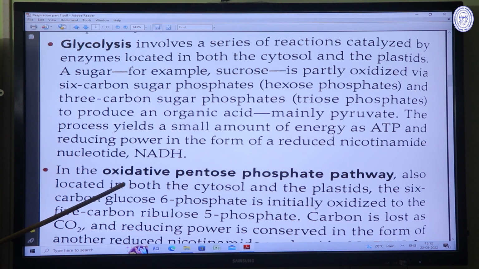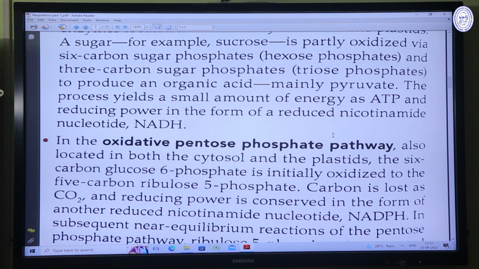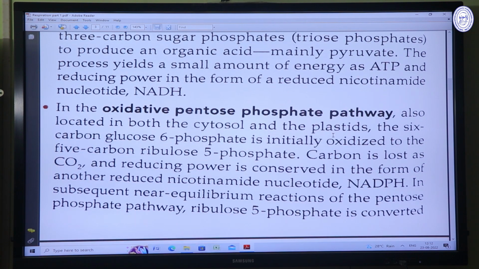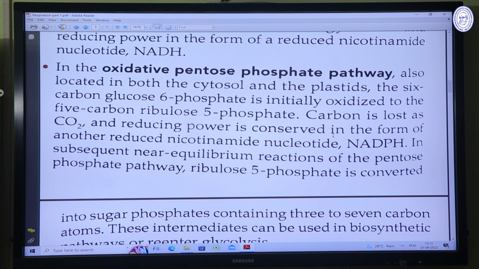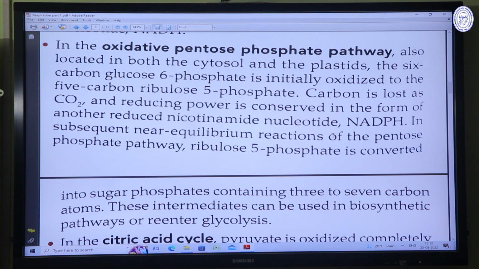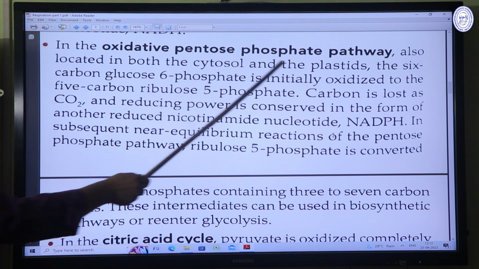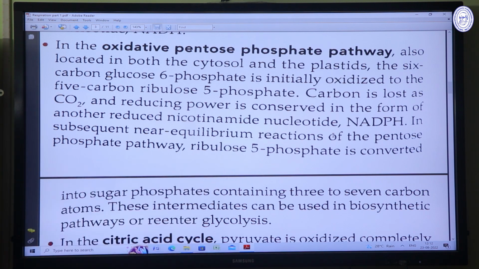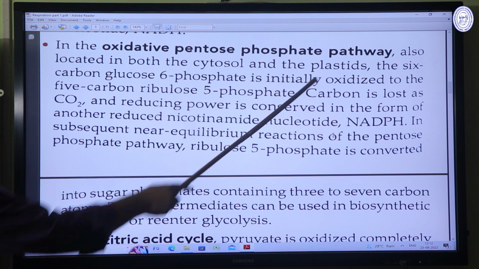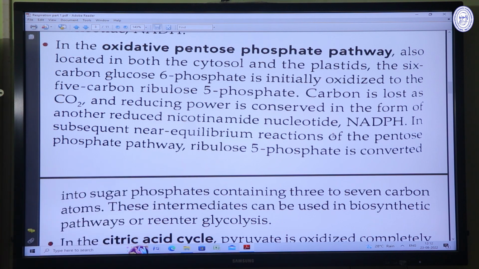In the second step, the oxidative pentose phosphate pathway, which is also located in the cytosol and plastids like glycolysis, what happens?